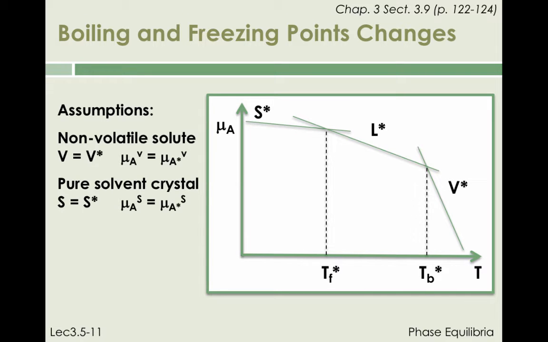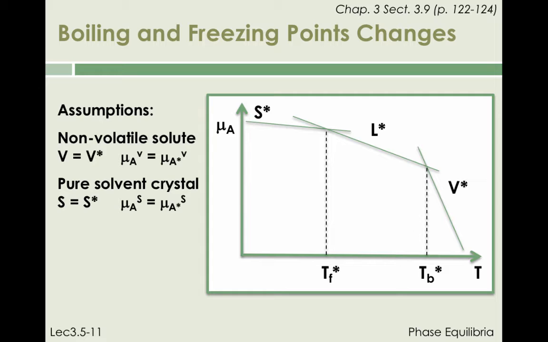The equations provided on the preceding page were derived on the basis of three assumptions. First, we assume that the solute is non-volatile. This implies that the vapor phase remains pure solvent even after solute and solvent are mixed in the liquid phase.